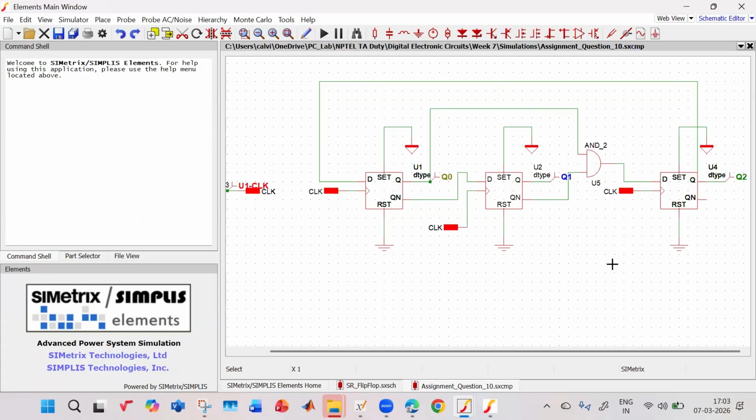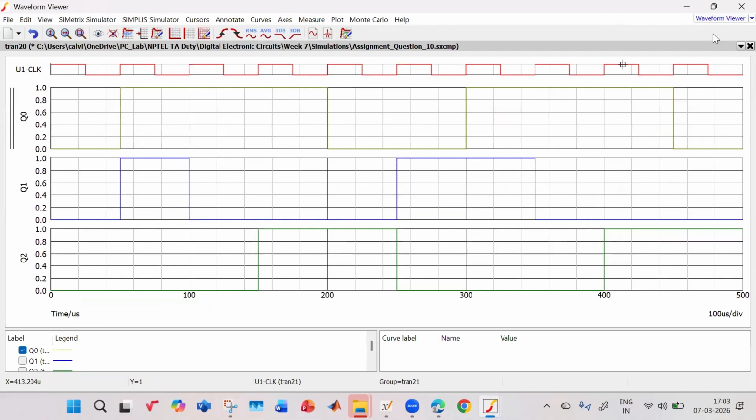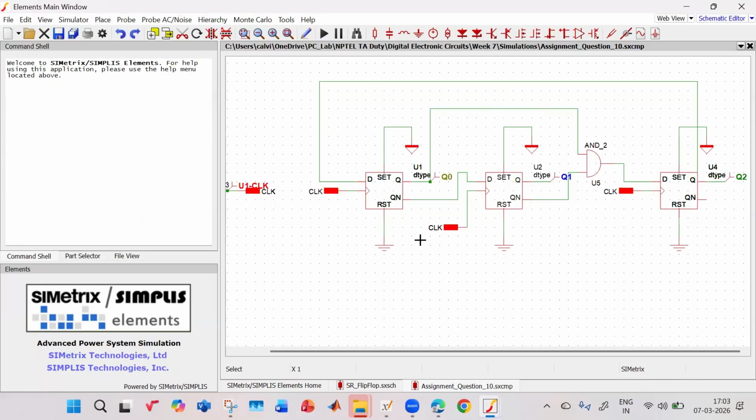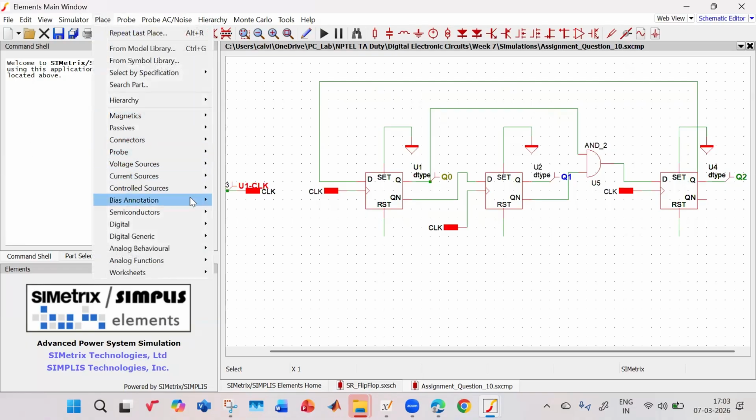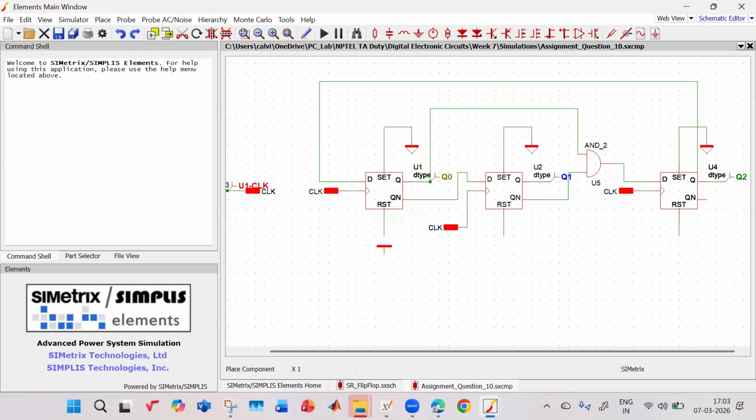Set is 1, reset is 0. Now in this case, the output is starting from 0, 0, 0. Reset is 0. Let us make reset high. Place digital VCC, copy it, paste it here, and connect it.